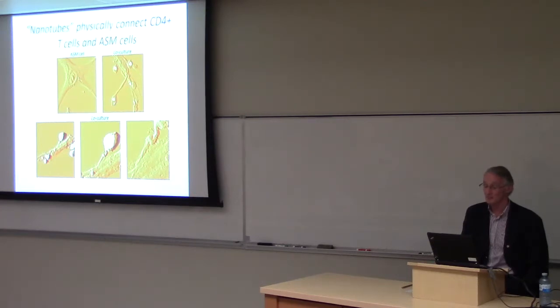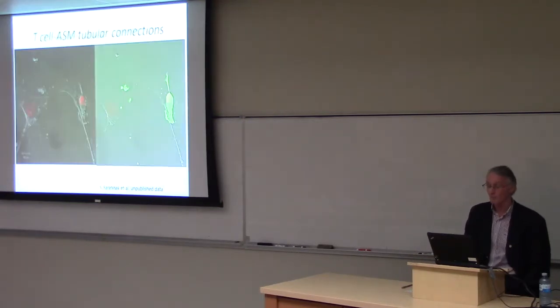You can see that some of these T cells are putting out fairly large and long protrusions that are coming into contact with the muscle. And here we can see one at different scales. It seems to be inserting into the muscle membrane.